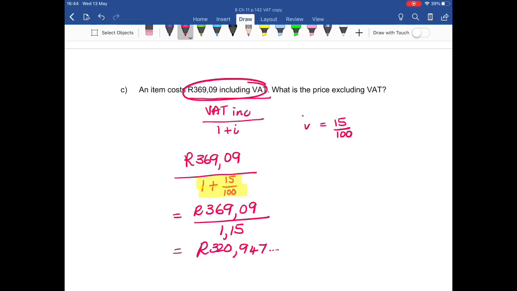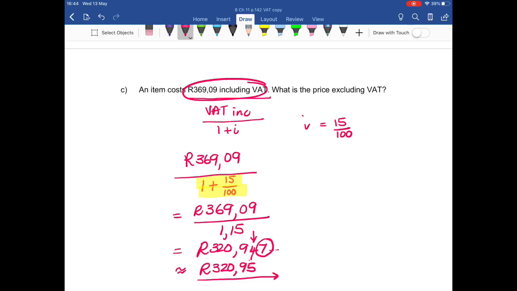There are a whole lot more, but I only need to go to 3 decimal places because I must round to 2. So I look at the neighbor. If it's 5 or more, let it soar, which means I've got to add 1 onto the 4. So this rounded up would be 320, 9, 4 plus 1 is 5. So that is the price before VAT.